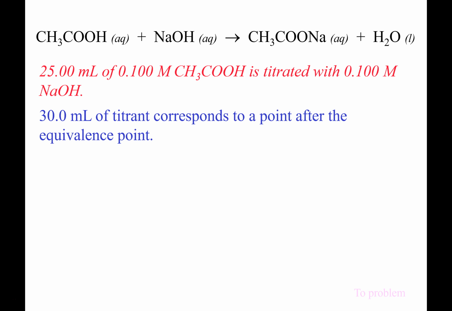I can't remember in my notes. Let's see. Okay, so we did 20, we did 25, and now here's 30. At 30, we're after the equivalence point, so of course that's gone, and we have this forming. But after the equivalence point, we have this in excess. Actually, it's the sodium hydroxide in excess that's going to make your solution basic.